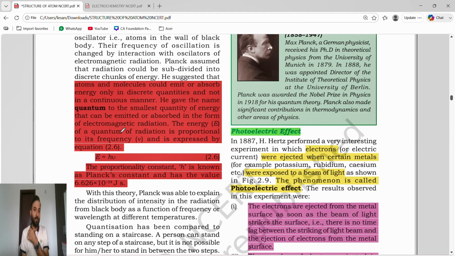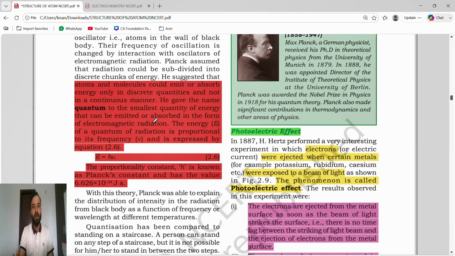Understand? So once again, atoms and molecules can emit or absorb energy, but if they do, it is not in a continuous form, it is in a discontinuous form. Whenever they do it in a discontinuous form, that is a small quantity of energy, which the scientists named quantum: the smallest quantity of energy that can be emitted or absorbed in the form of electromagnetic radiation.